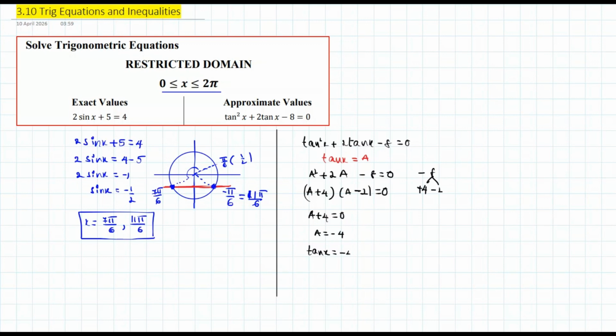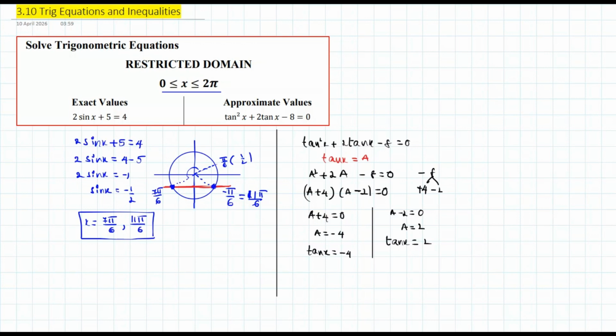That is one equation, and the other one is a minus 2 equals 0, so a equals 2, and a is tan x. So tan x equals 2.